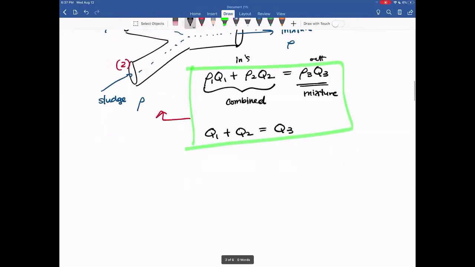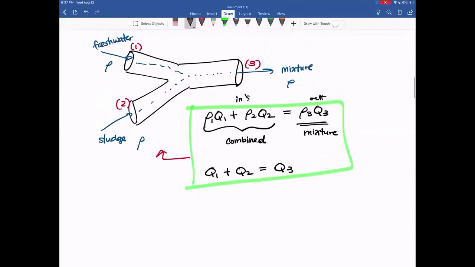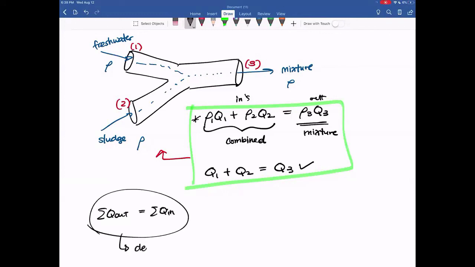Again, if you just have, like, let's say we look at this pipe and you just have fresh water in at 1, 2, and fresh water out at 3, okay? If we look back at this equation here, then these go away. And then you just have this, okay? So if you have the same fluid, one fluid, then you just have Q out is Q in, if your densities are constant.